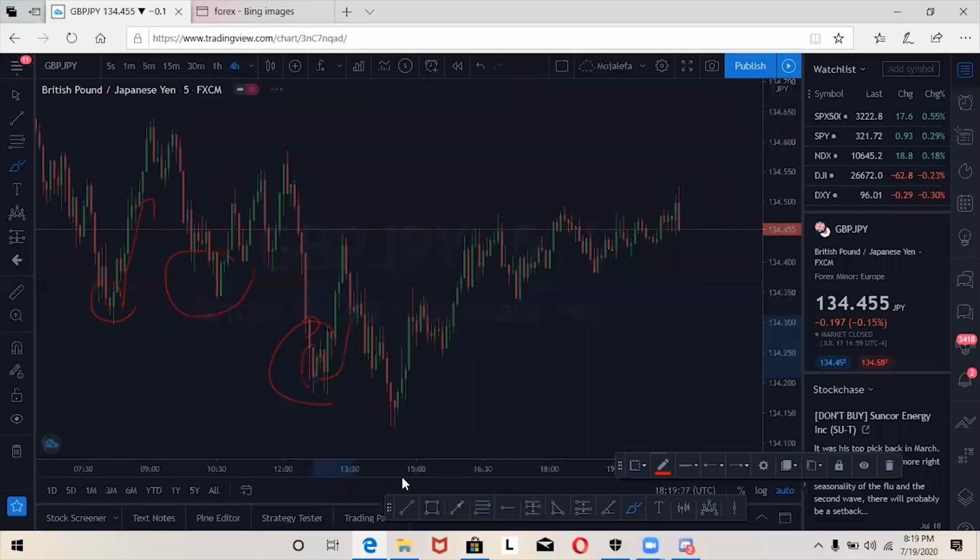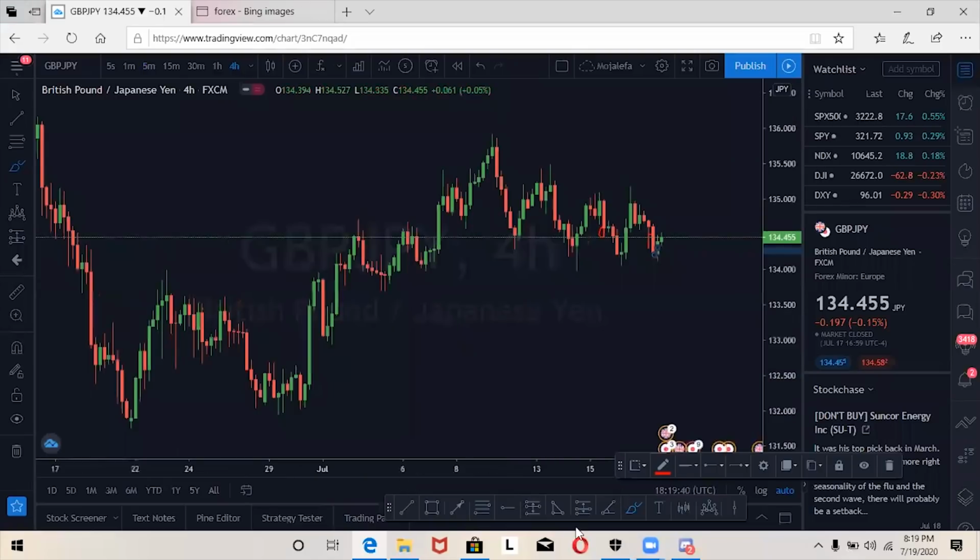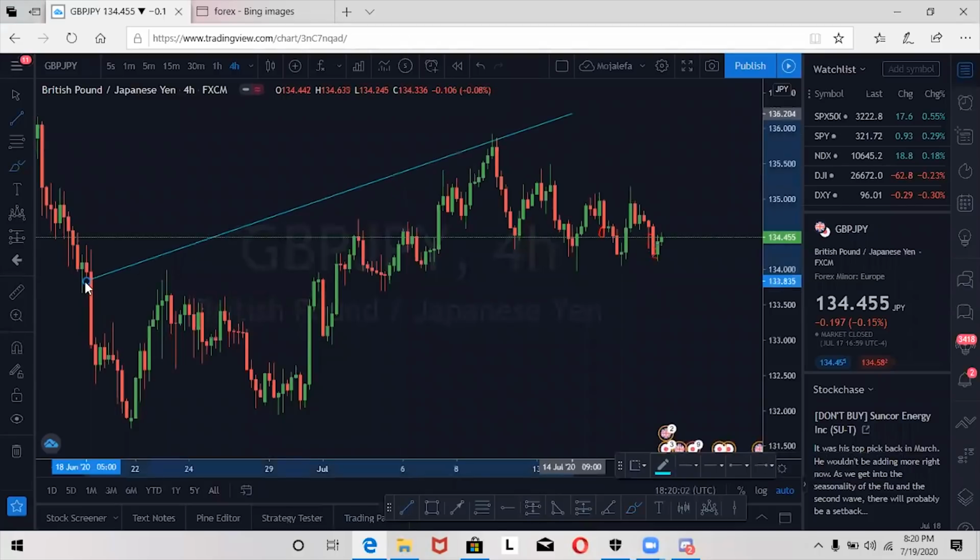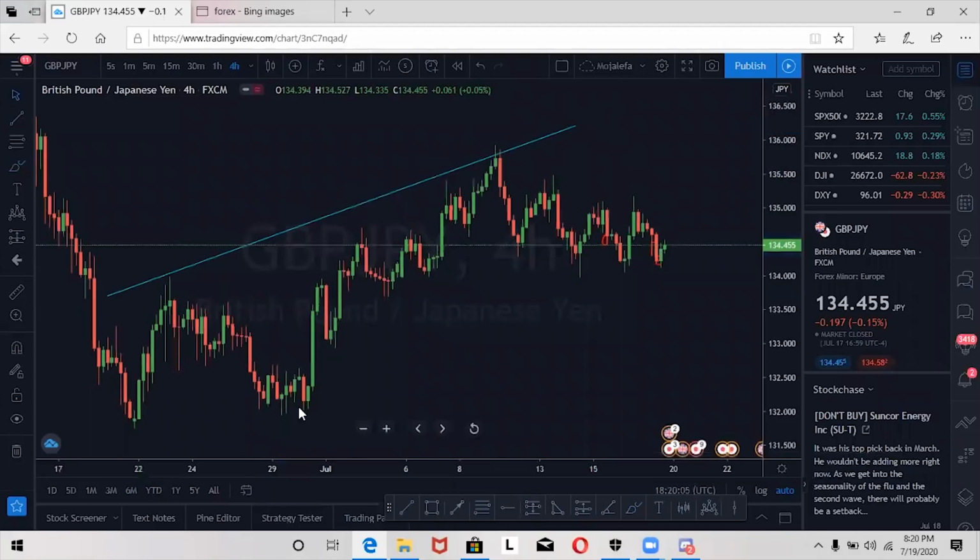On this pair, yeah, it's fine. So mostly when you use Elliott waves, you're required to know how to use the trend line. Get what I mean? So this is gonna be the bigger trend line. It's gonna look something like this.